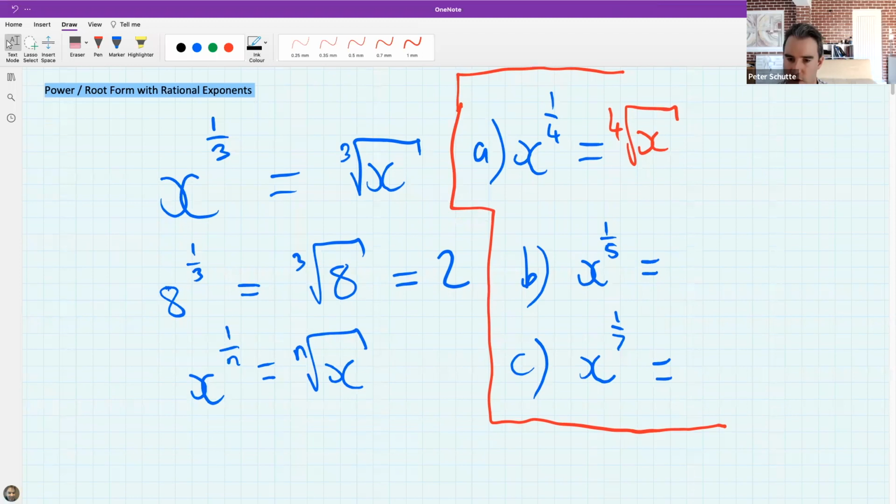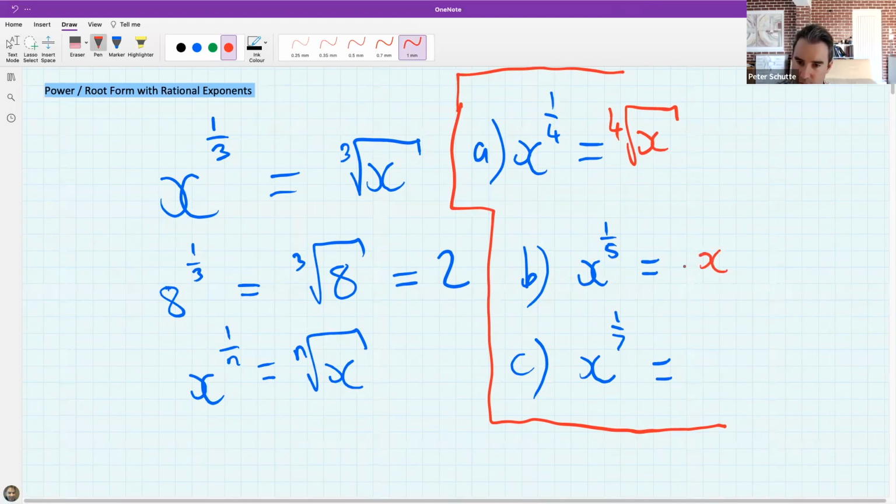The next one is the fifth root of x, and that is going to be the seventh root of x. Going from the exponent with a numerator and denominator into the root form is pretty easy.